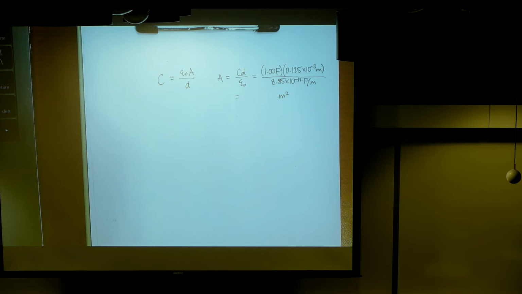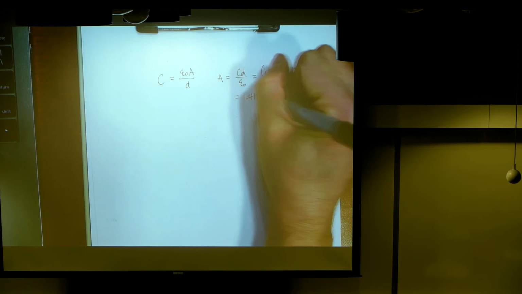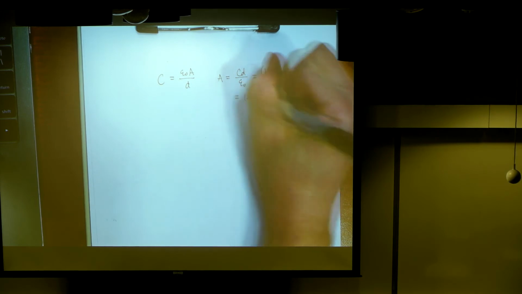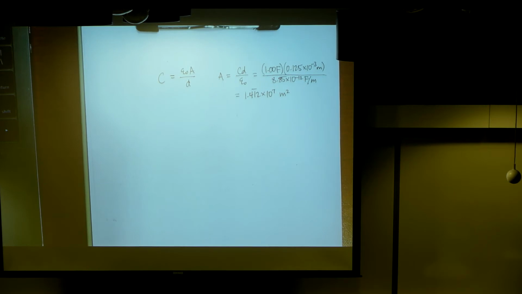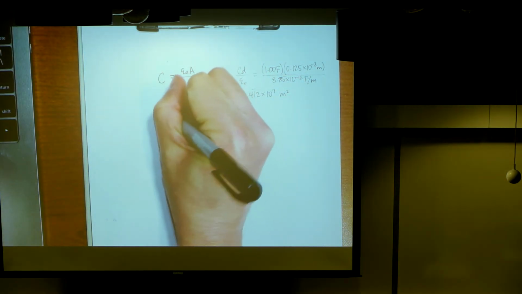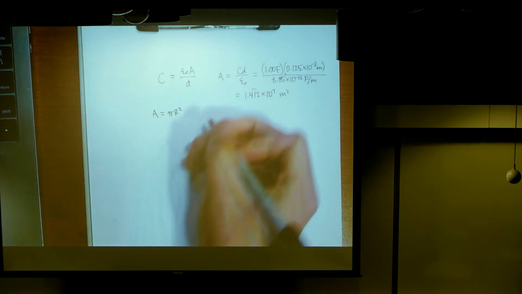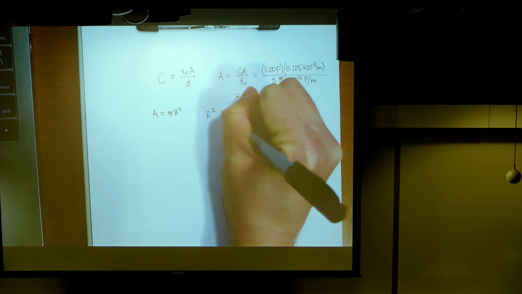Oh, 1.41 times 10 to the 7. Yeah, that's a pretty big area. 1.412 times 10 to the 7 square meters. And if we remember that this area is pi times r squared, well, we can calculate r. R squared is this area divided by pi.